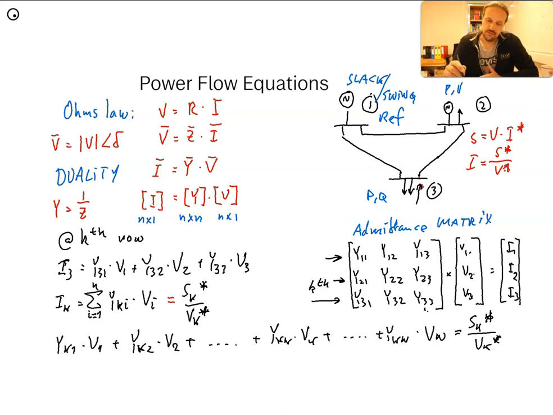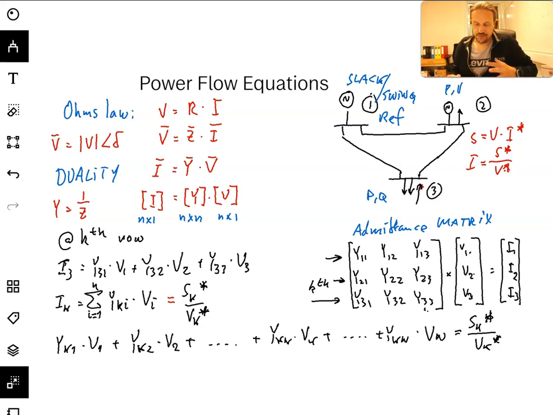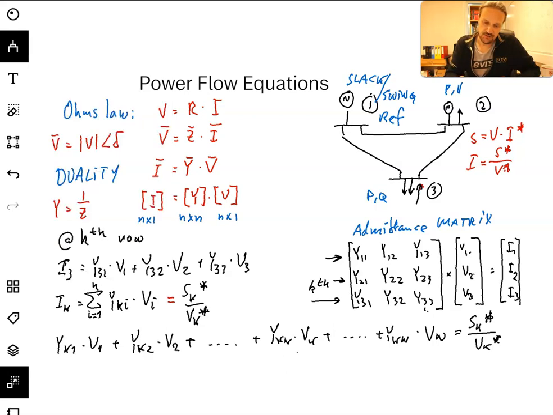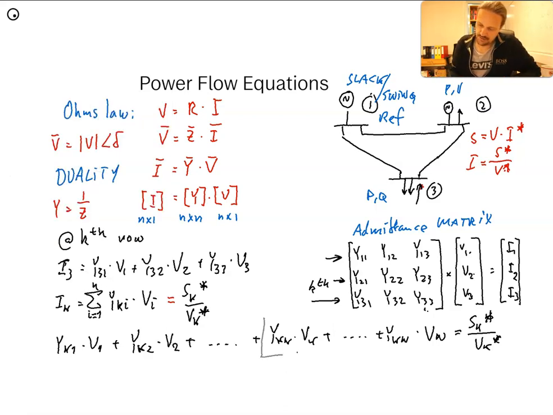And then we wanted to look at one particular bus. So we want to look at just like we looked at the kth row, we want to look at this K bus. So let's just have a look at that. So that's this one here. And we want to separate out this one.